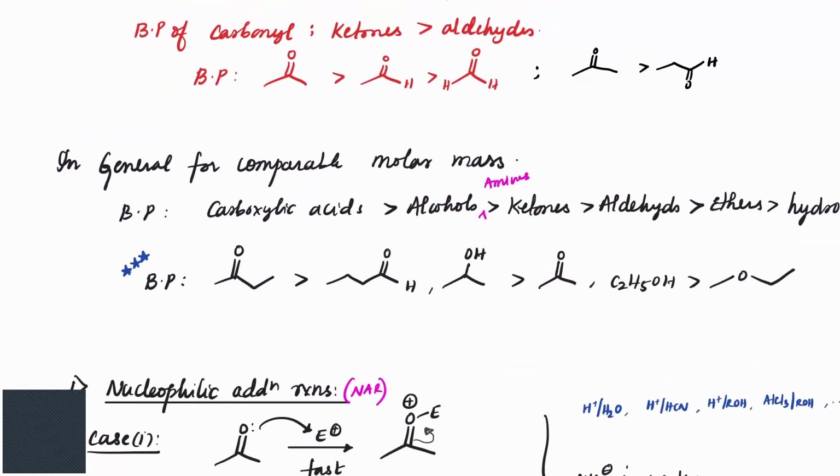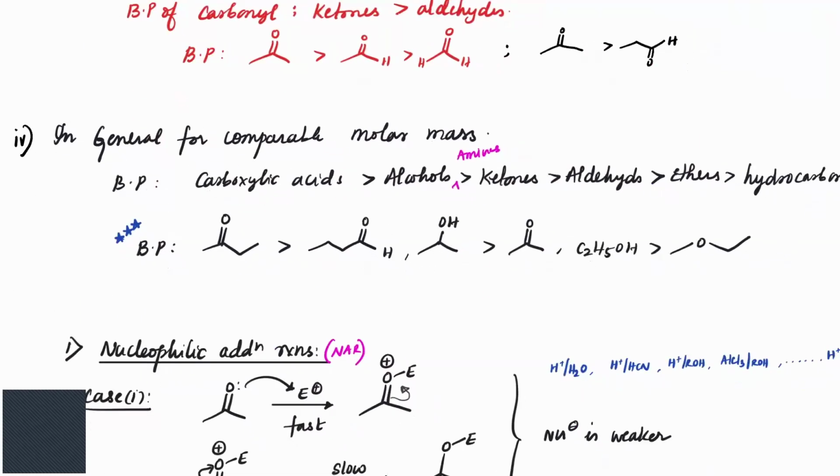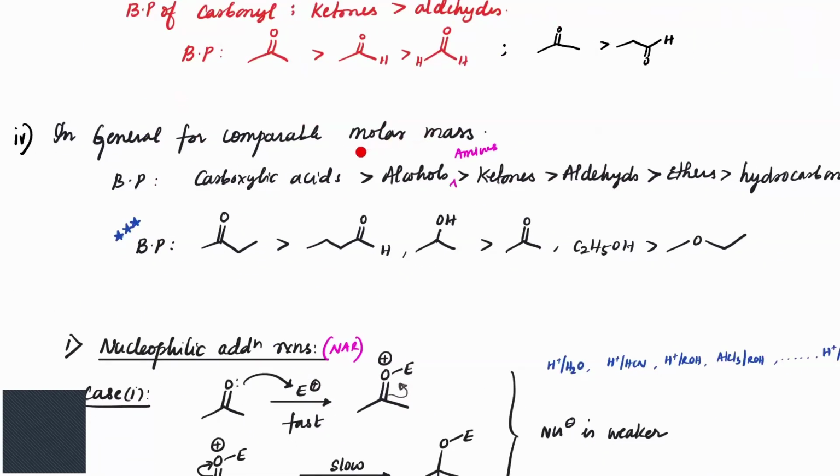Next. Generally, if you compare similar molar masses, carboxylic acid definitely has the highest boiling point because of strong hydrogen bonding.